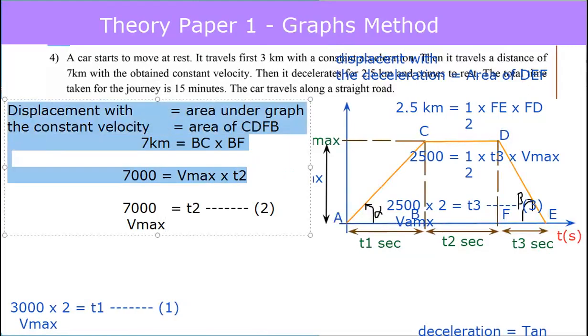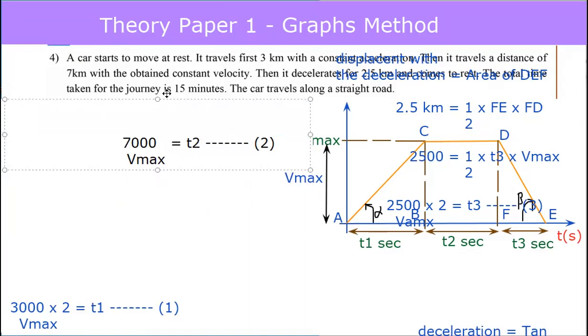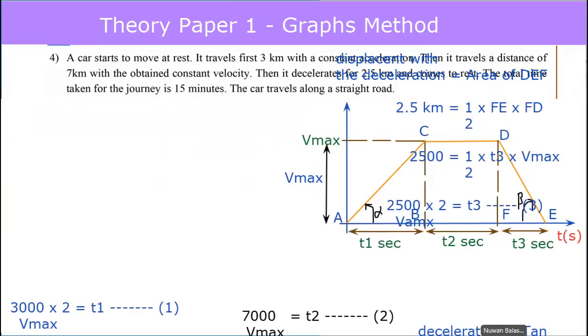Let me erase these things and keep the second equation here. So I can write that total time taken is T1 plus T2 plus T3.